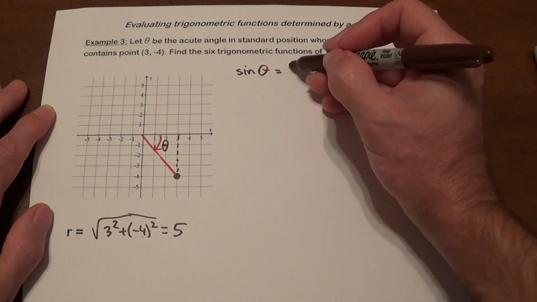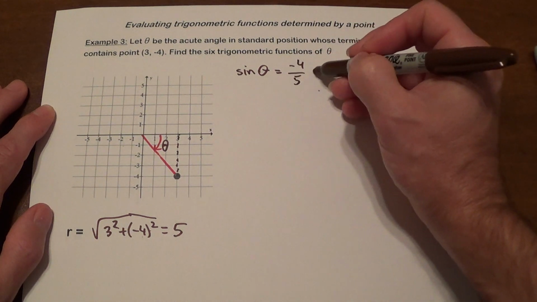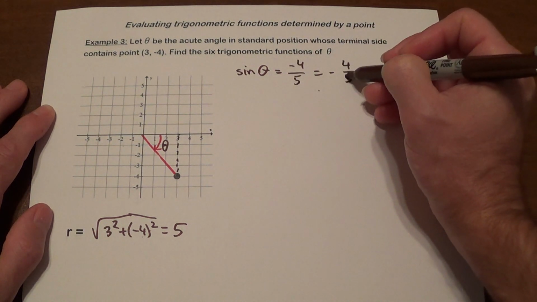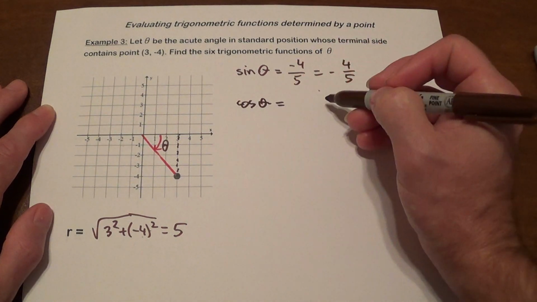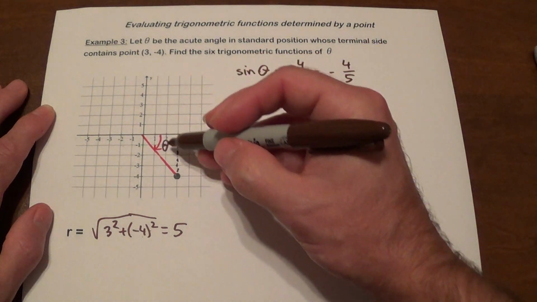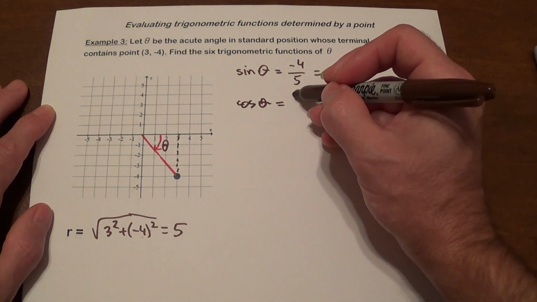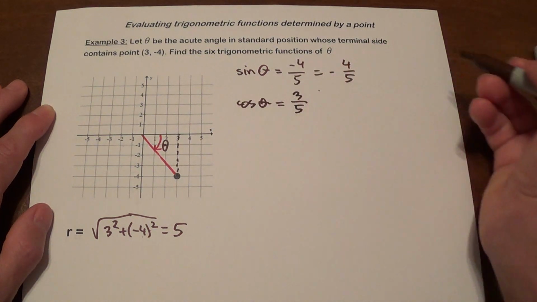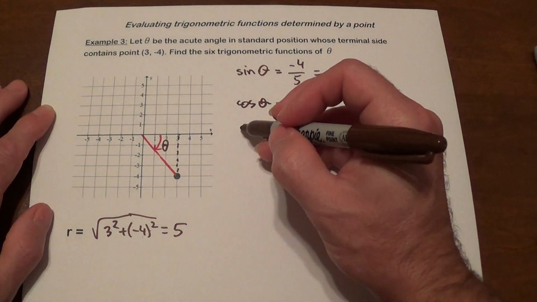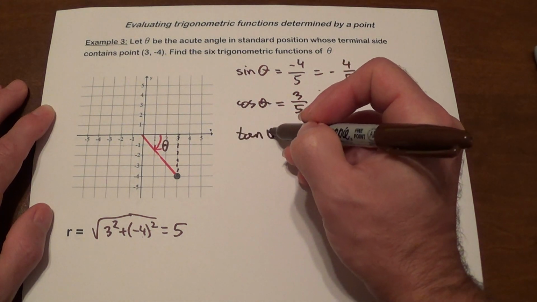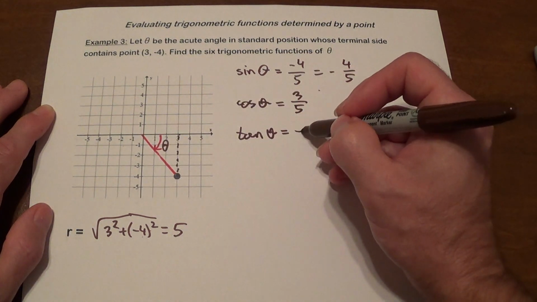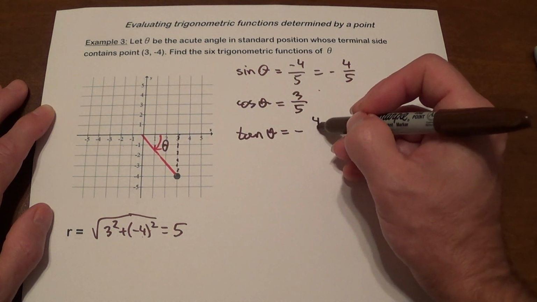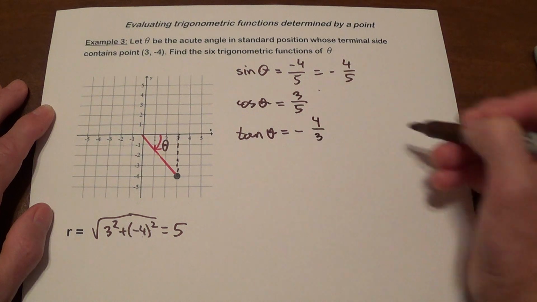Negative 4, so negative 4 divided by 5, negative 4/5. Cosine theta is going to be adjacent over hypotenuse, which in this case is 3 divided by 5. Tangent theta is opposite over adjacent, so it's negative 4/3.